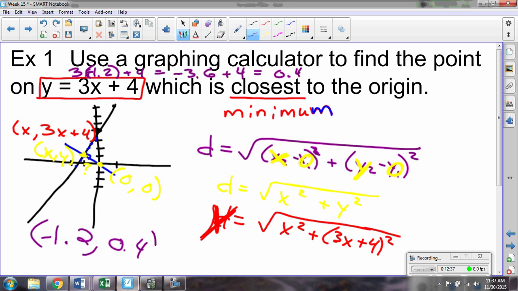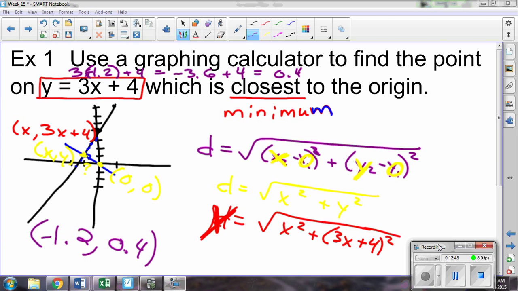Down here in the purple, this is the point on the line which is closest to the origin. Certainly not the only way we could have done this, but it is one correct way.